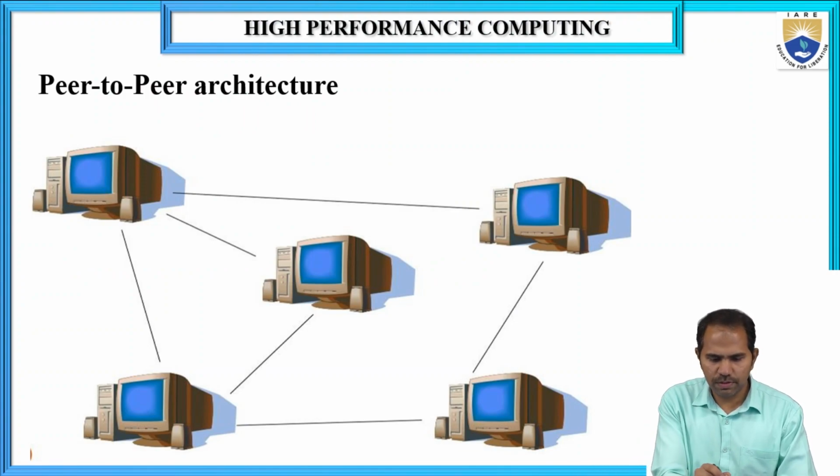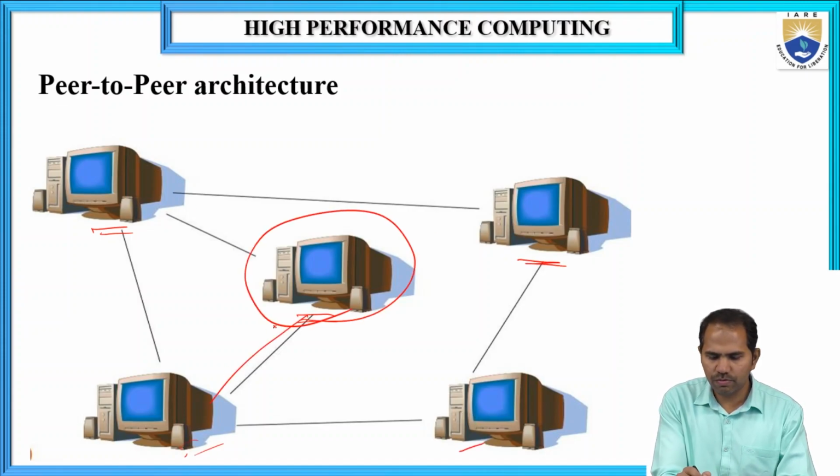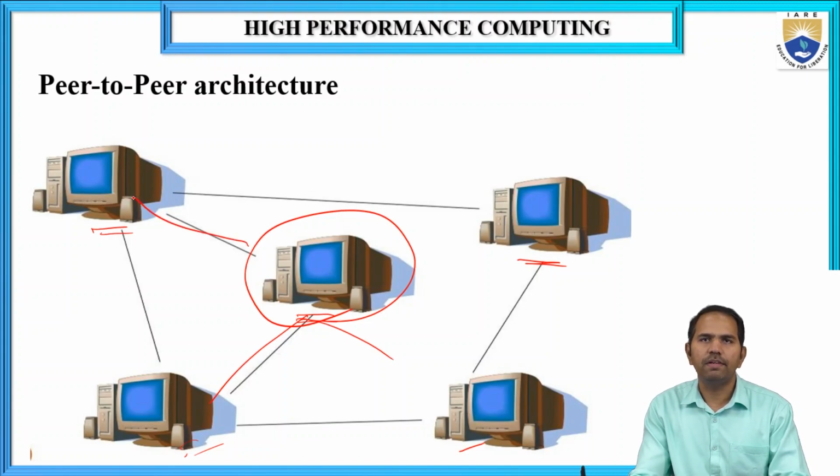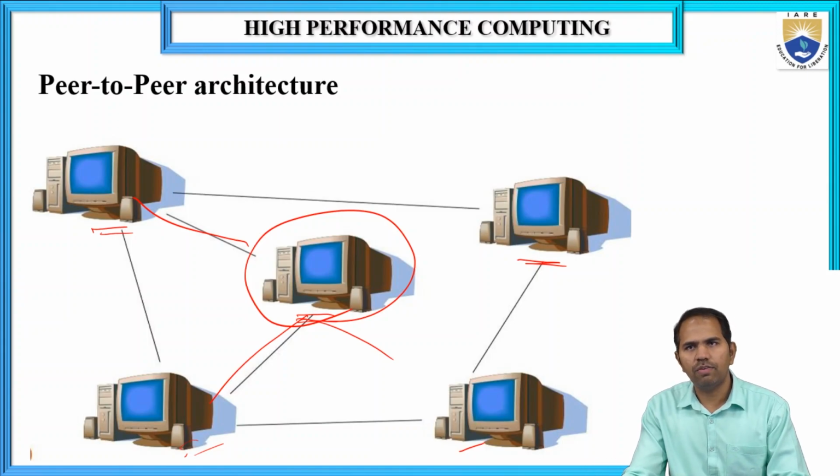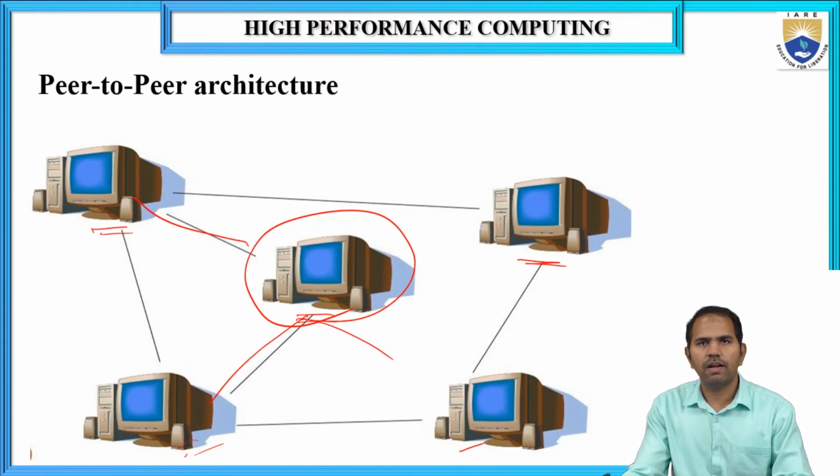One system interacts with other systems, and the data is shared without permission of a server. Once connected through proper authorized access, they can share data from one computer to another.